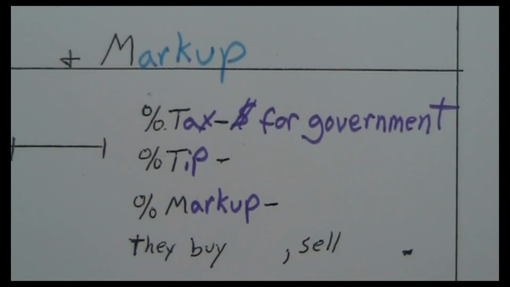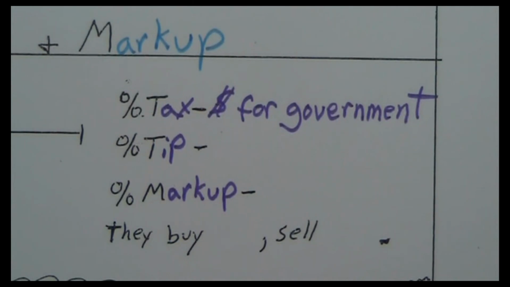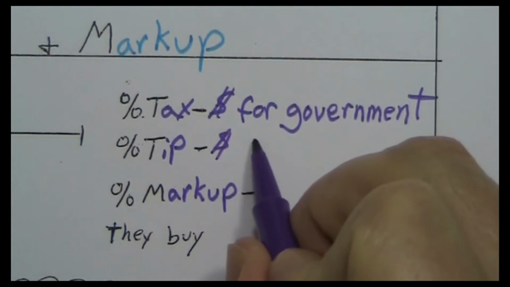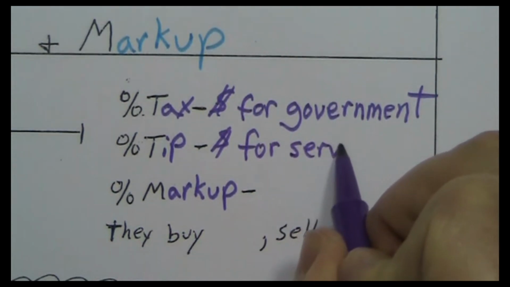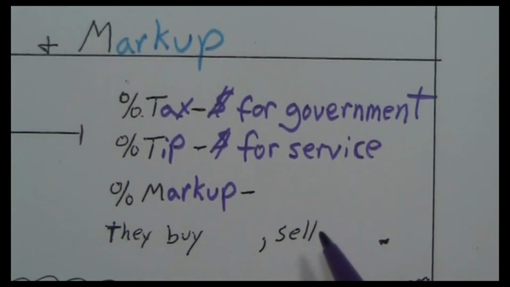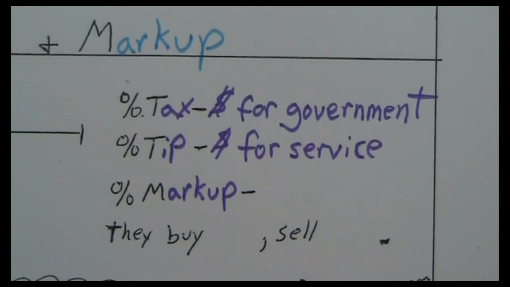It's money for the government. It pays for our roads, our schools, all sorts of things. Tip, that's money for service. Like at a restaurant, for a waiter or waitress, you tip them for their service.